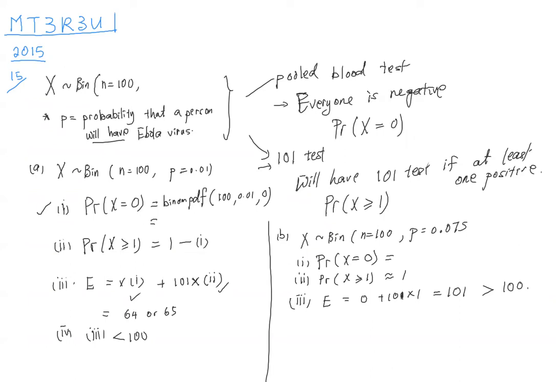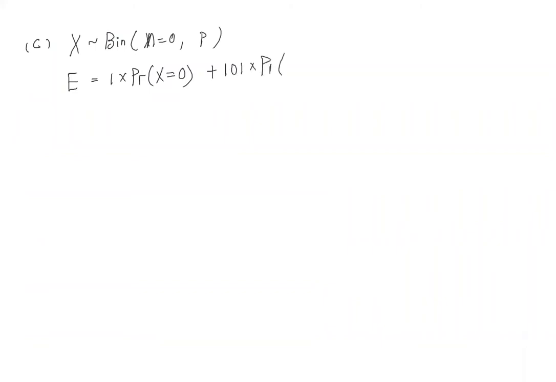Okay. So now we go to part C. For part C, your x is also a binomial distribution. X, n equal to 100, p equal to p. Okay, so now you want to know the expected value, you follow this formula. 1 times probability of x equal to 0 plus 101 times probability of x greater than or equal to 1.